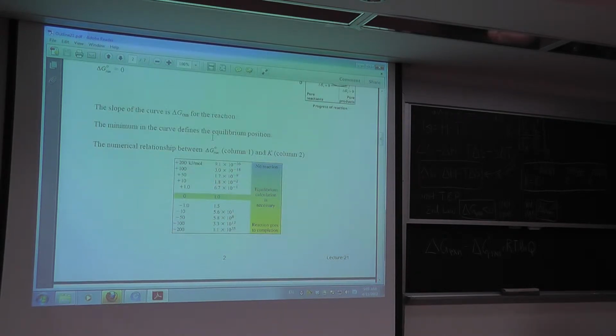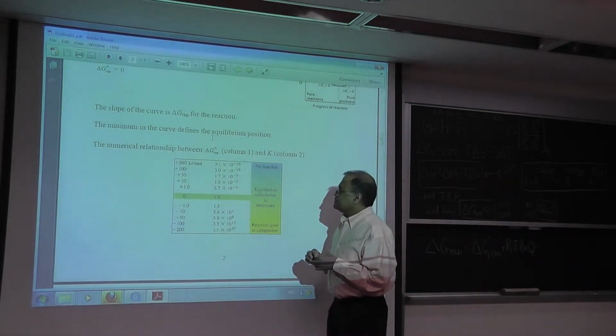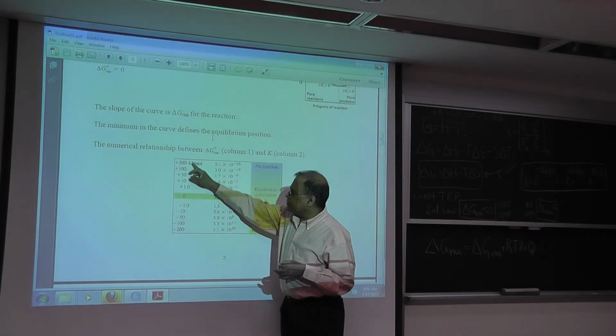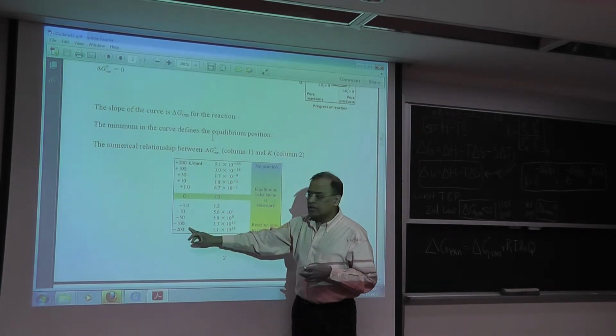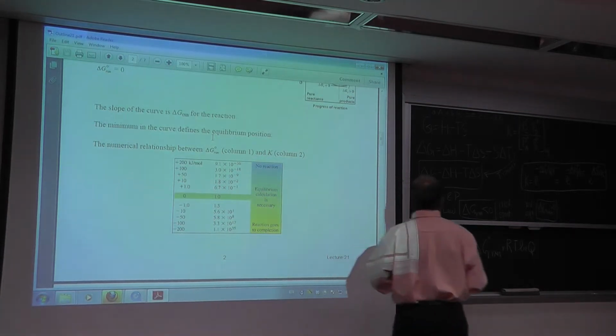So here is a set of values for delta G naught reaction, and here are the equilibrium constants. How did I get this?